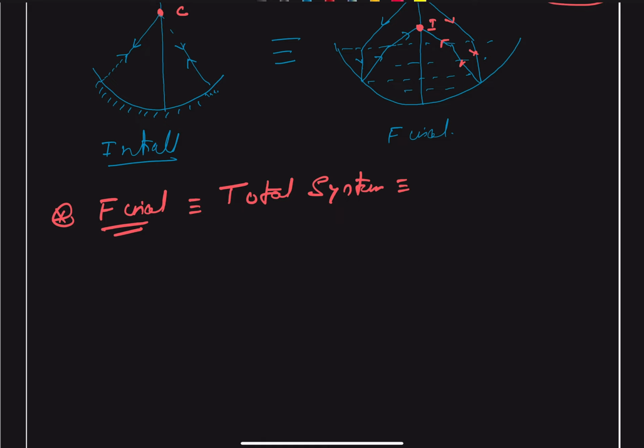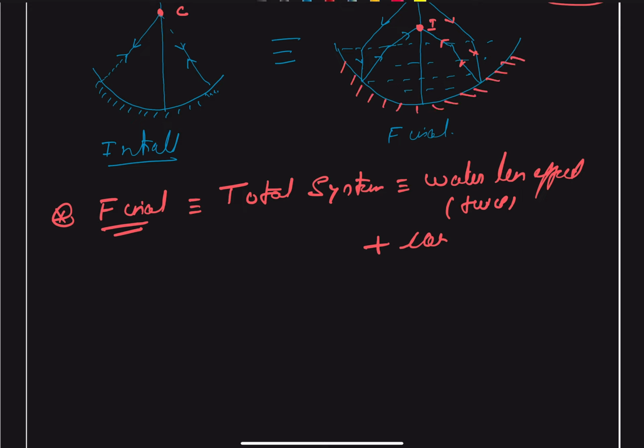So we can say the total system will have a water lens effect that will be twice, plus the concave mirror effect.